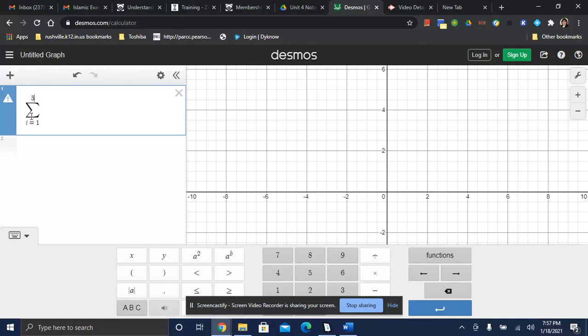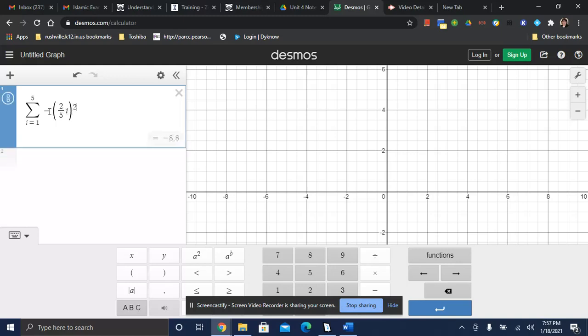So this is telling you 1, 2, 3, 4, 5 will be your counter. Then you'll just put in your function. So now I'm going to start it with the negative and then the parentheses. It was 2/5 I, and close that parentheses.